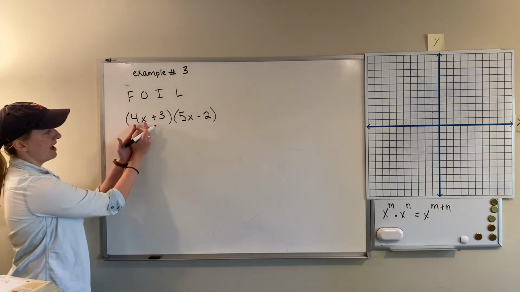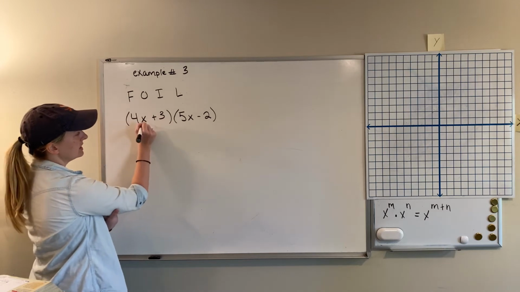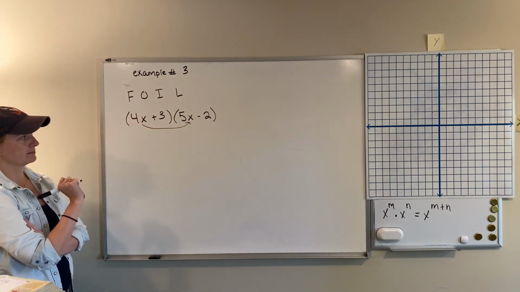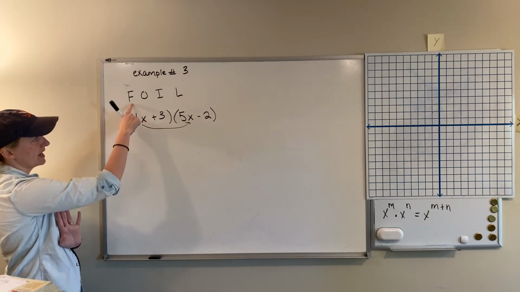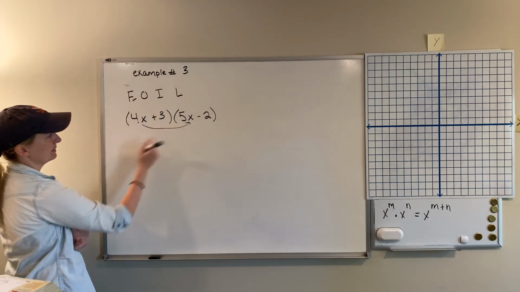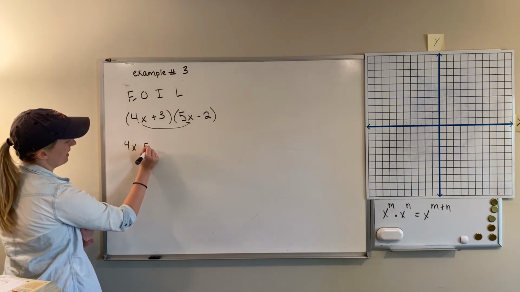You have to distribute everything in your first term by everything in your second term. So you're going to take 4x and you're going to multiply it by 5x. Notice, it's our first terms being multiplied together. FOIL, multiply your first terms together. 4x times 5x.